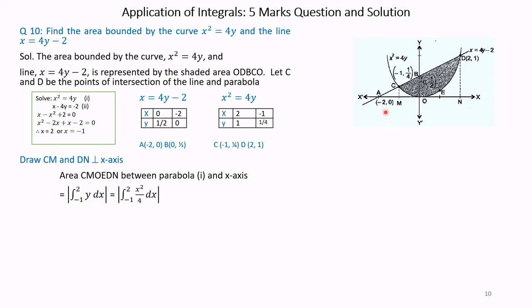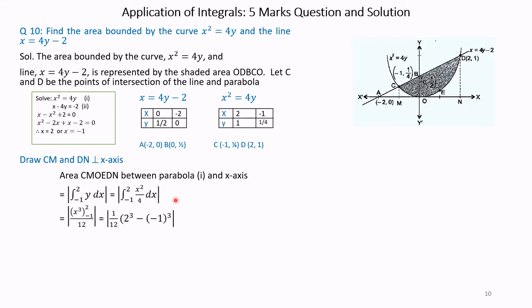That is the area outside the shaded portion. It is varying from -1 to 2. See, the limit at M is -1. Therefore, from -1 to 2, the equation of the parabola gives y is x square by 4, so the integral of x square by 4 dx.